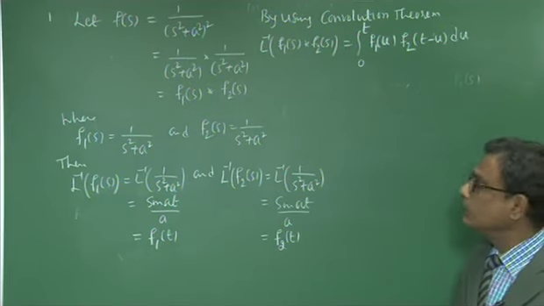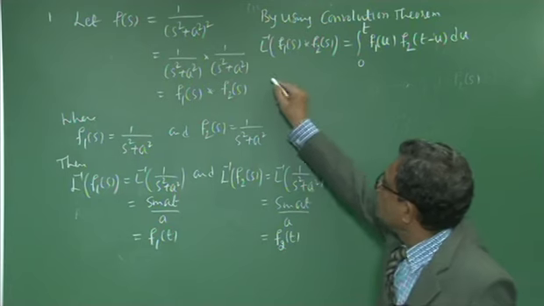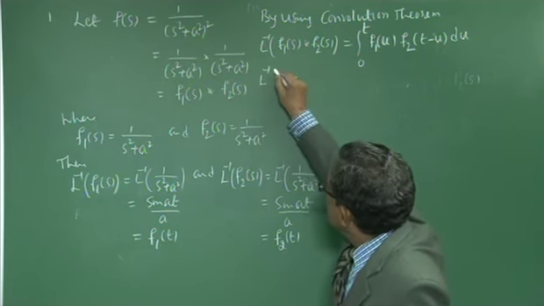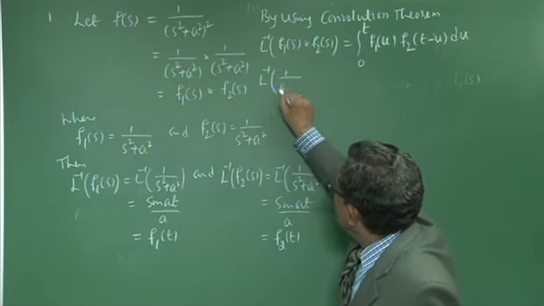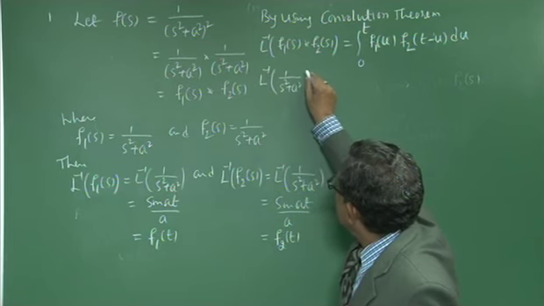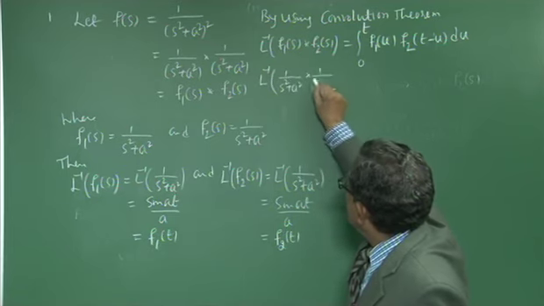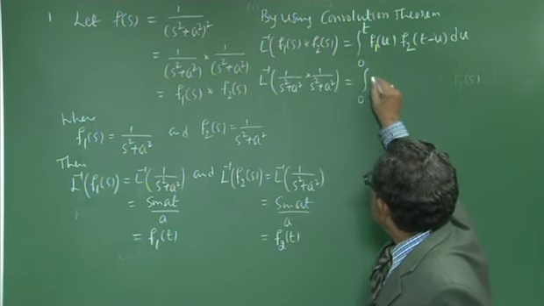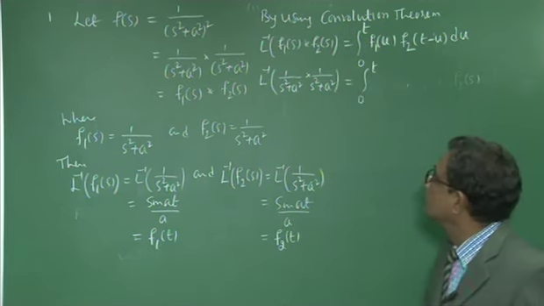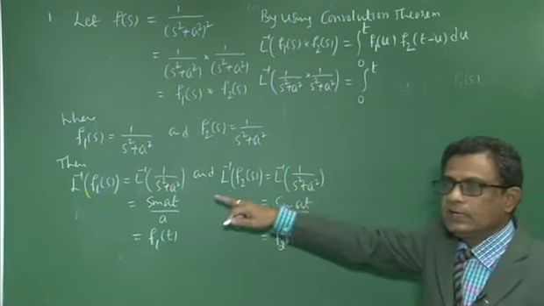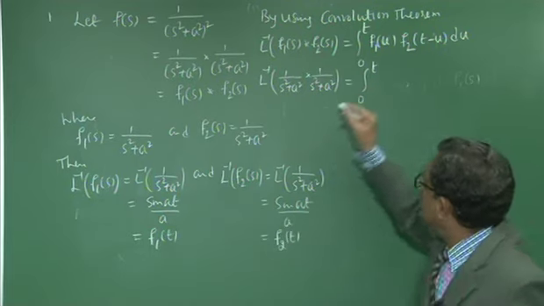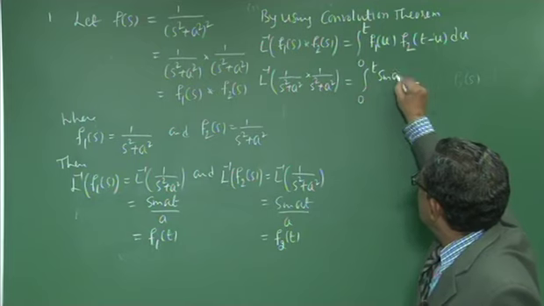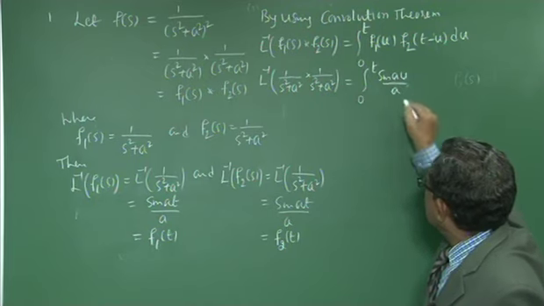Now substitute the corresponding values. L inverse of 1 divided by s square plus a square into 1 divided by s square plus a square, LHS. RHS, integration 0 to t, and first function t changes to u, it is sin au by a.